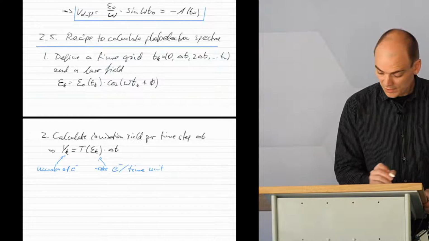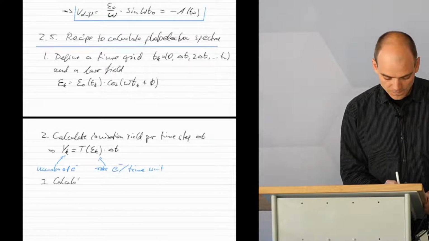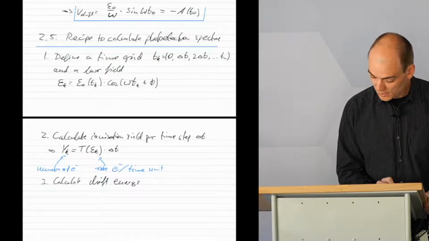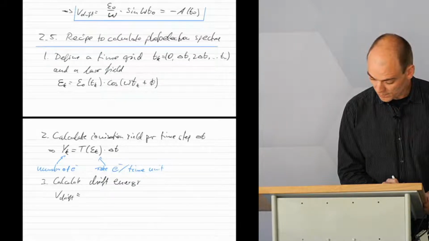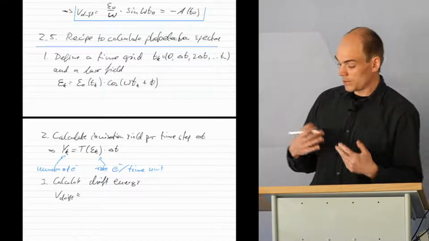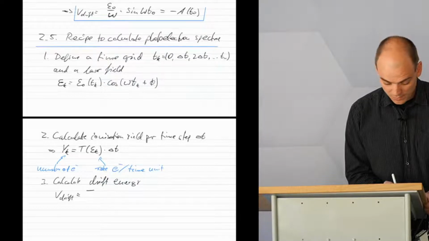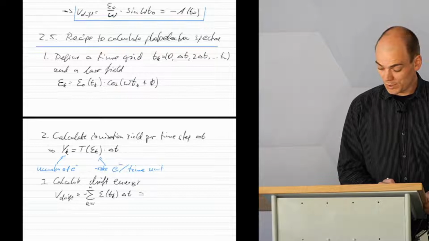Okay, and then we calculate the drift energy. V drift equals, well, essentially you sum over the electric field times the time step, with a minus because it's a charge, k equals 1 to n. And as we have just learned, there's a simpler way to do this, namely we can simply use the vector potential.